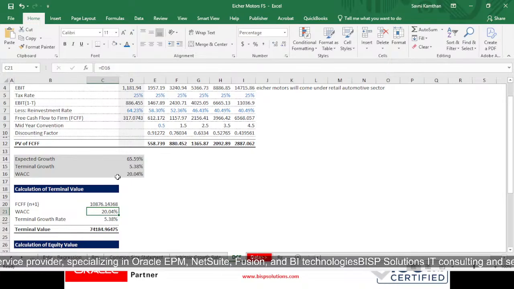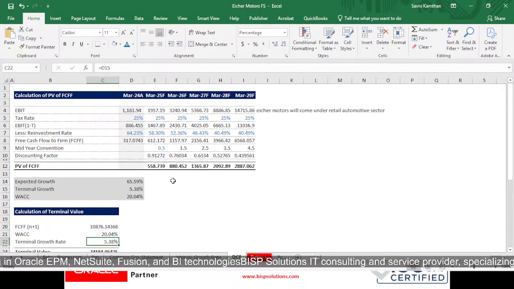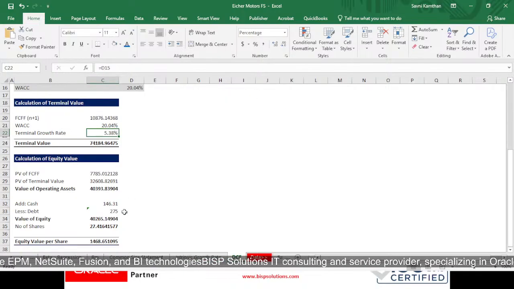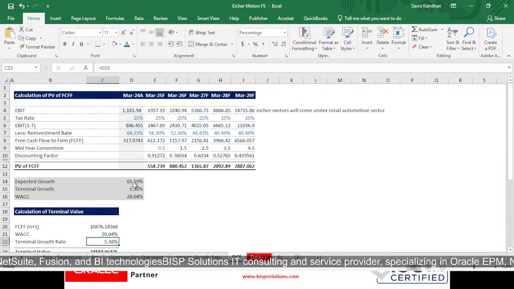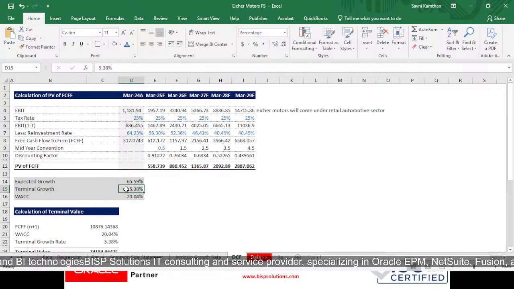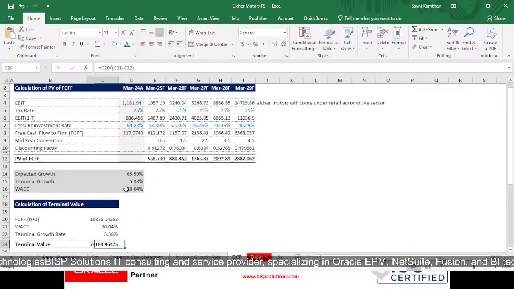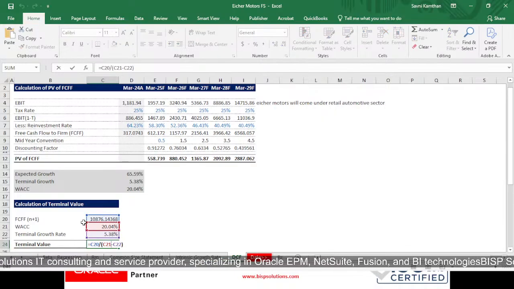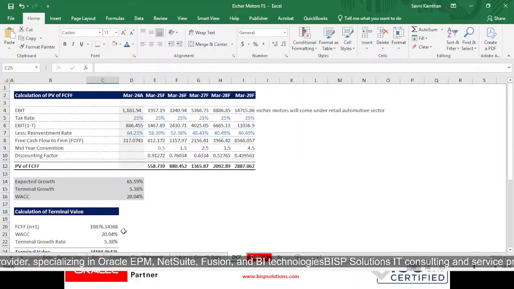Now again WACC is this, so we have taken it over here also, and the terminal growth rate is already calculated in this portion, so it is 5.38. If I want to calculate my terminal value, I will be taking my FCFF, which will be divided by my WACC minus terminal growth rate, then I will be getting the terminal value.